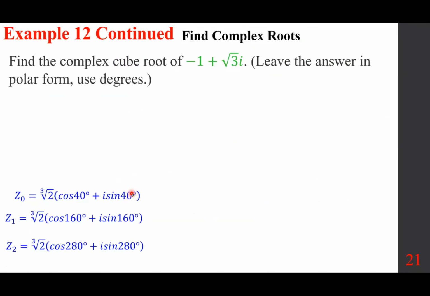So if you draw a circle with radius cube root of 2, which is 1 point something, and then starting with 40 degrees, and then add 120 and add 120. So this is what you get.